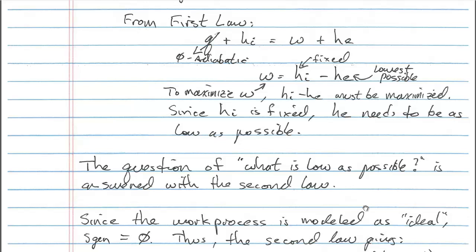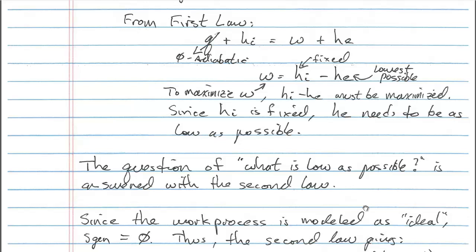So we already established that to get the maximum work from our device, it needs to be adiabatic. So the Q term goes to 0. And the first law then tells us that the work is equal to HI, the inlet enthalpy, minus HE, the exit enthalpy. And what we said on Tuesday was that if we want to maximize W, then we need to maximize the difference between HI and HE.